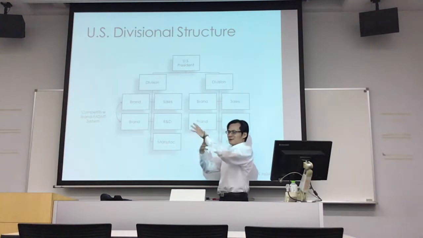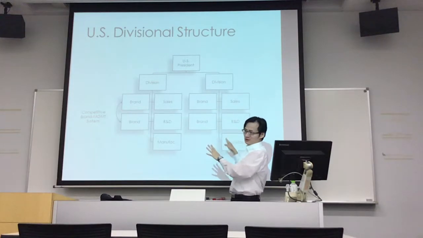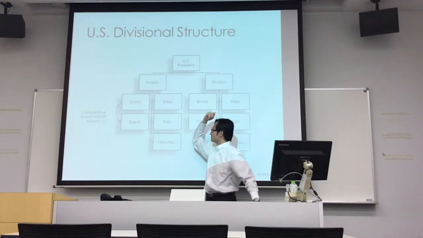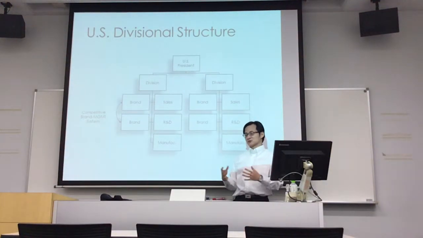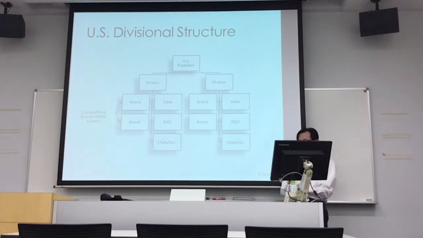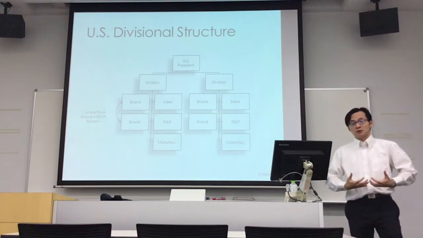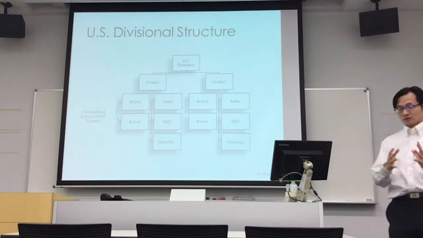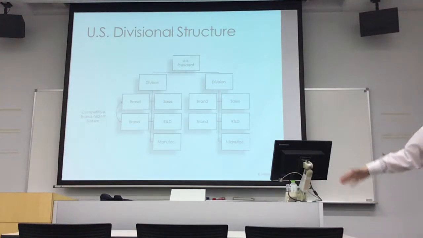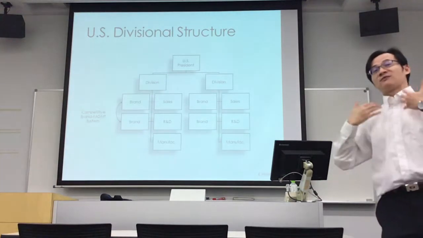If you have something more integrated and you try to create a new line of business, then there are coordination issues with regard to how this line of business is going to get access to sales, R&D and manufacturing as a common or central pool of resources. You're a small business, how are you going to get access to that? It's better to have your own territory. So you have a protected pool of independent resources that you can draw from to grow your new business. So this type of organizational structure is effective when you try to achieve growth by diversification.